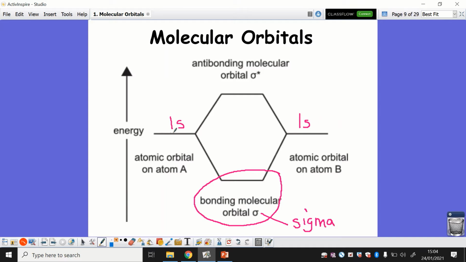Those atoms sit much happier when they're bonded together, so the overall energy comes down. But that equal and opposite effect of the anti-bonding, denoted by a little sigma star, that wee star just means anti-bonding, sits at a much higher energy. This is what we observe, and the anti-bonding is just the opposite effect of that.